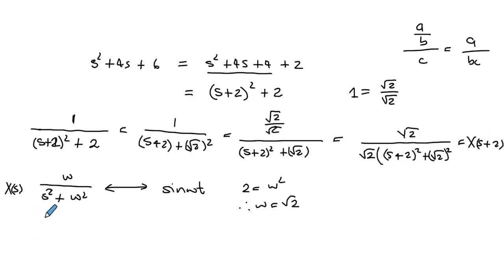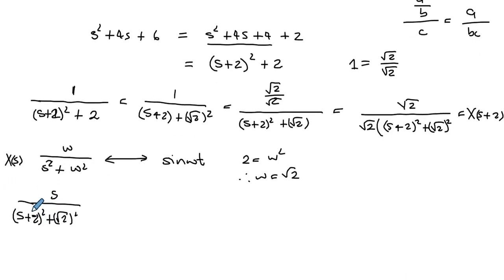Then again, looking at the expression with the same denominator, which you can also write as (s plus 2) squared plus square root of 2 all squared, the problem we've got here now is not with omega but with s. This actually looks more or less like the transform of cosine function, which looks as s over s squared plus omega squared. This would transform to cosine omega t.